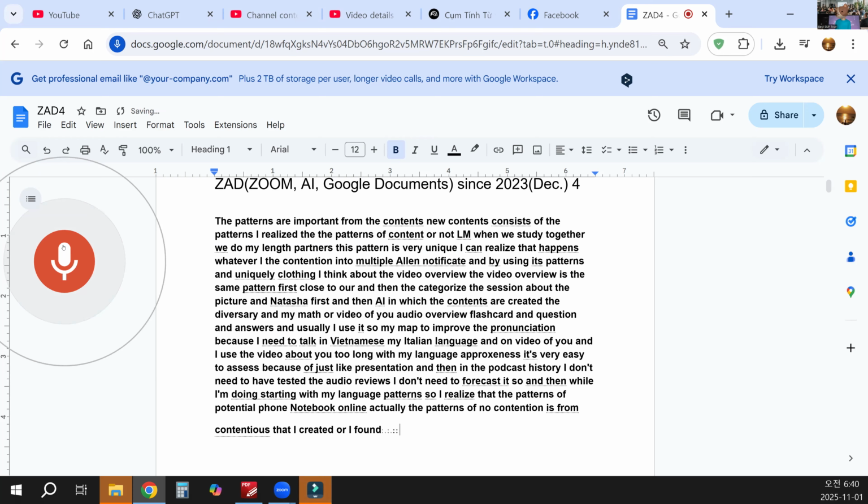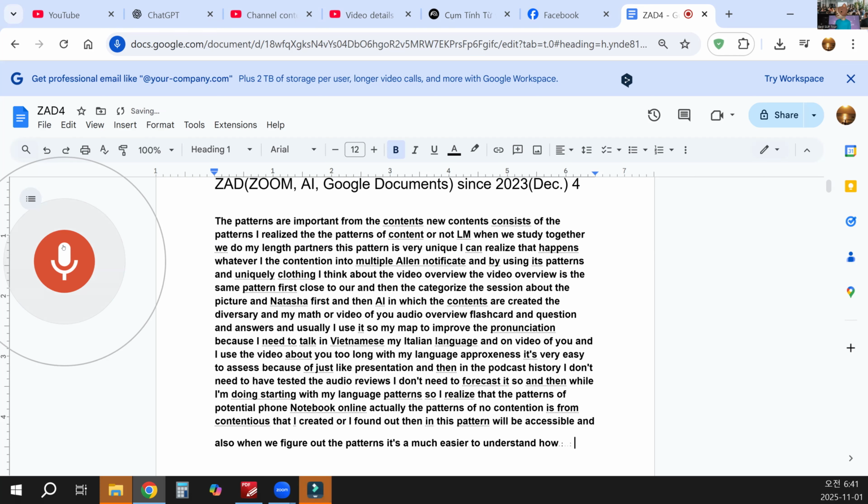And this pattern will be accessible. And also, when we figure out the patterns, it's much easier to understand how we see the contents from NotebookLM.